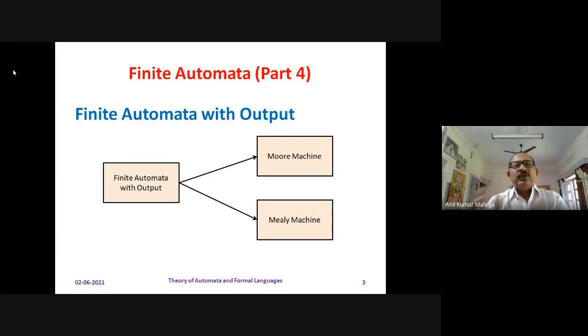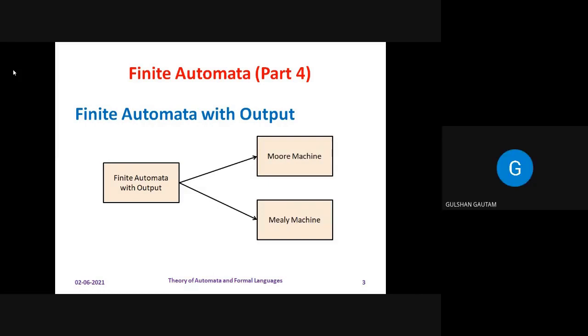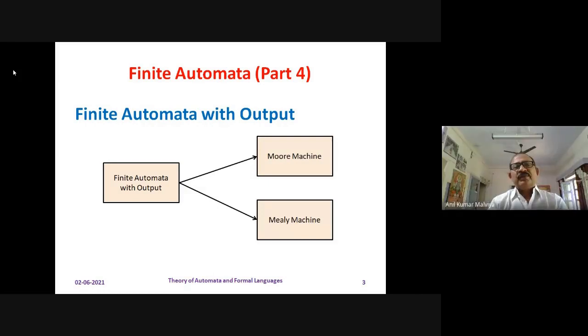In other words, finite automata take words, do some computation, and give the result in the form of a binary signal. That is, the word is accepted or rejected by the machine.